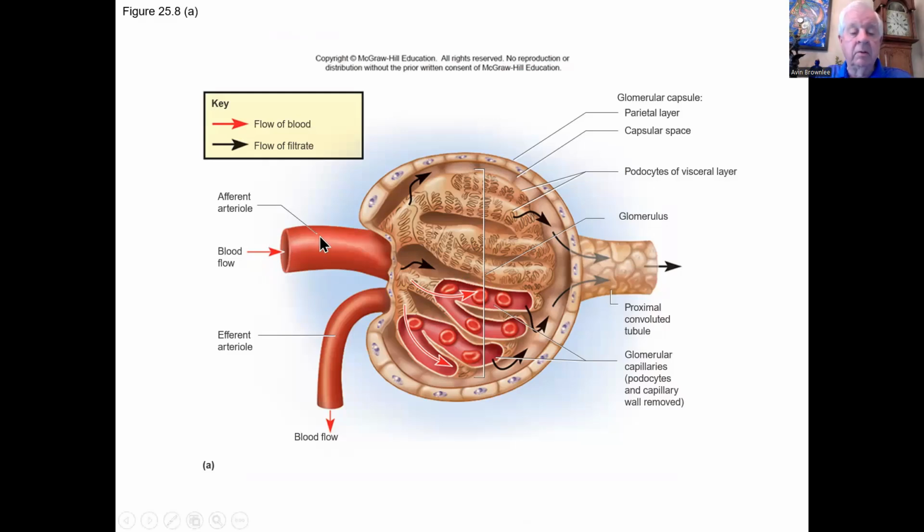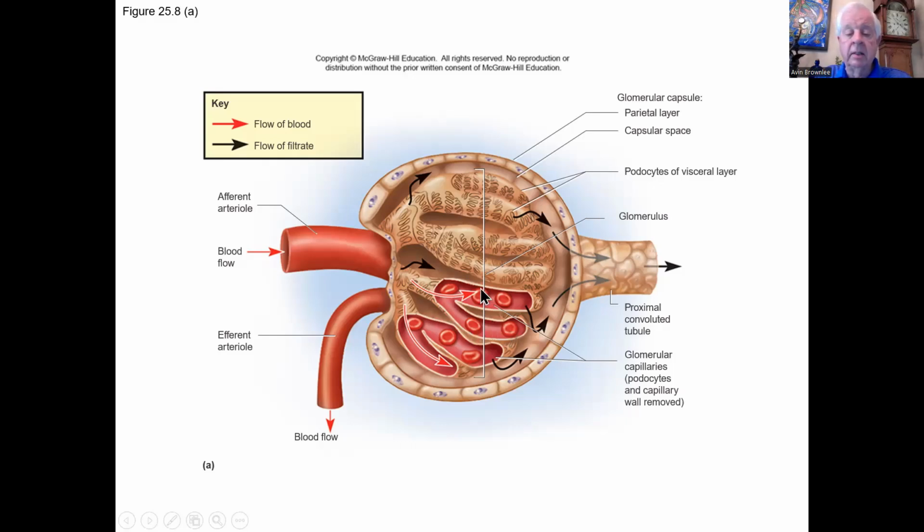Here comes the blood flow in through the afferent arteriole, and it will go into these capillaries here. Now, these capillaries are a special kind of capillary called fenestrated, F-E-N-E-S-T-R-A-T-E-D. That's a Greek word meaning with windows. So these capillaries have these windows in them, or these big gaps in their wall, so they are extremely permeable.